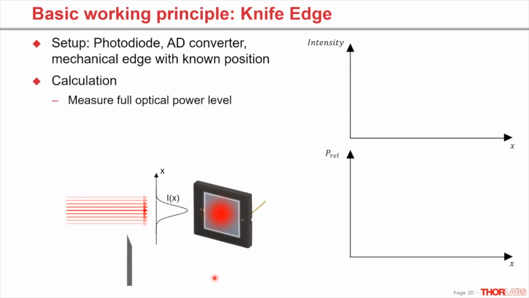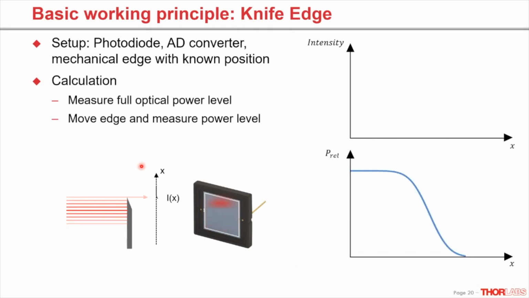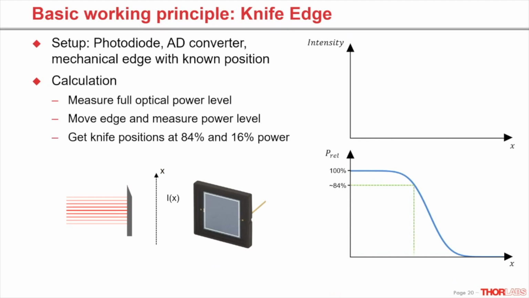First, we have to measure the full power level. Then we move the edge across the beam, and by knowing the exact positions of the edge at 84% and 16% of the intensity, it is easily possible to calculate the beam width.